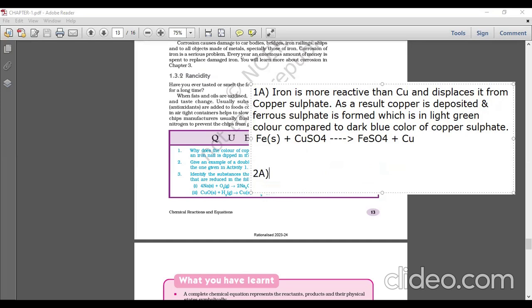And the second answer is asking to write the equation for a double displacement reaction. You may write lead nitrate, I think you remember it.